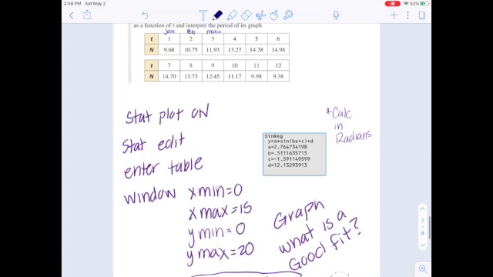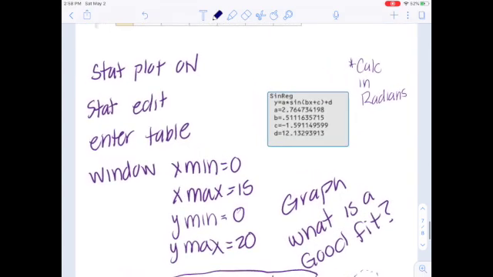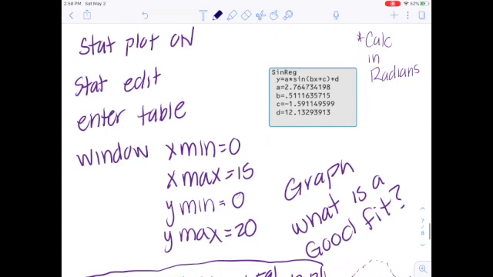And you might have to fix your window, or you can use your zoom stat number 9 to get the stat plot. All right, so at that point, you should have what looks to be a sine regression. So your graphing calculator is going to use sine regression, and that is on stat calc.